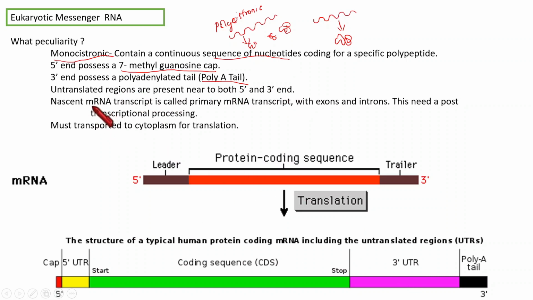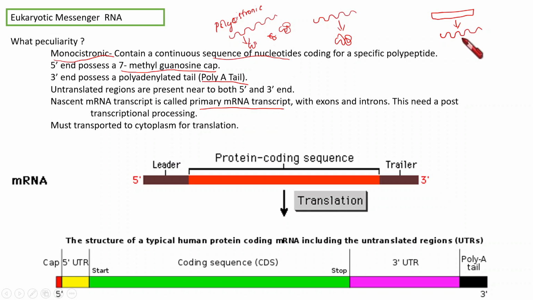Then, as this eukaryotic mRNA gets transcribed from the eukaryotic gene, that first formed mRNA has a specific name, it is called primary mRNA transcript. Why such a specific name for that first formed mRNA in the case of eukaryote?